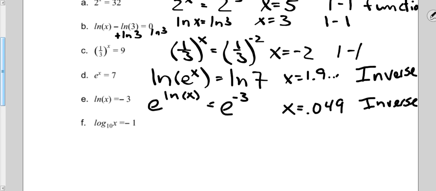So, in this case, 10 to the log base 10 of x equals log base 10 of -1. What's the problem with this picture?